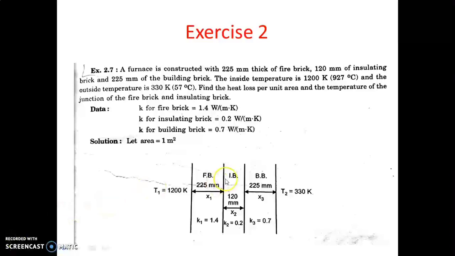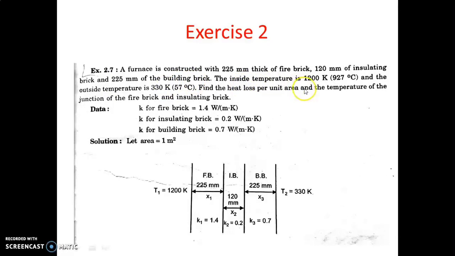Then the second exercise is based upon the derivation of composite wall. So in this problem there is a furnace. The furnace is constructed with 225 millimeters thick of fire brick, 120 millimeter of insulating brick, and 225 millimeters of building bricks.